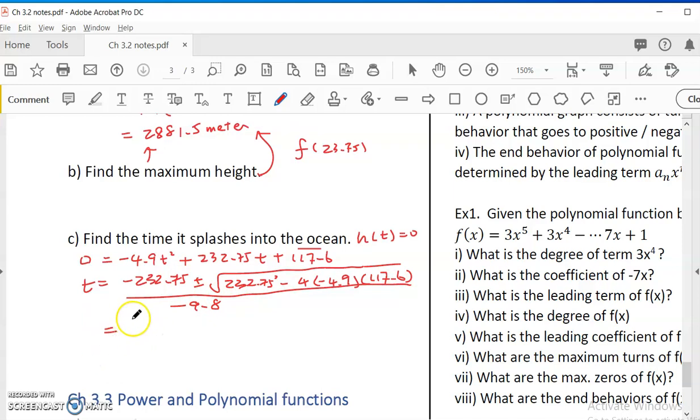So plug this in the calculator. It turns out that if you square root this, it's actually a perfect square, 237.65. When I plug this in, it's over negative 9.8. So there's two numbers. One of them is positive, one of them is negative.